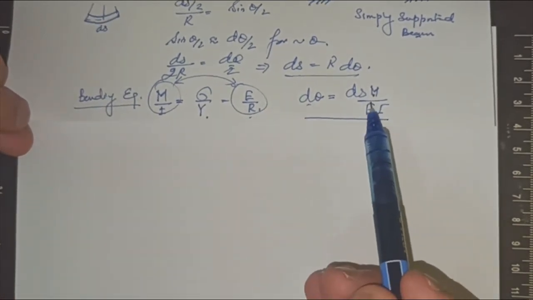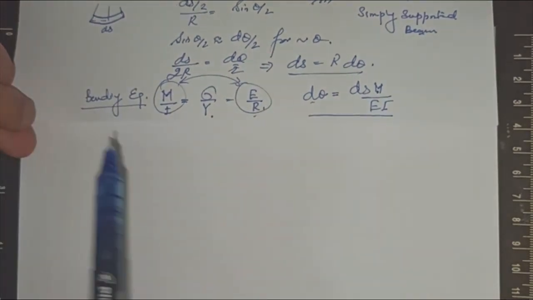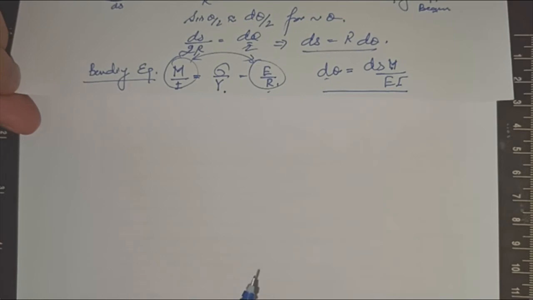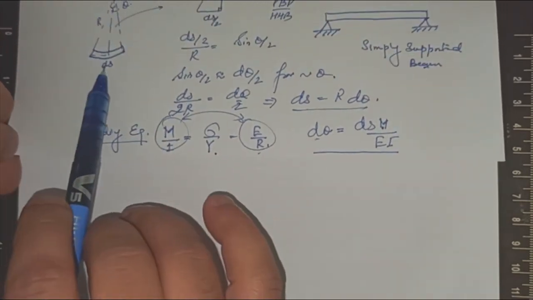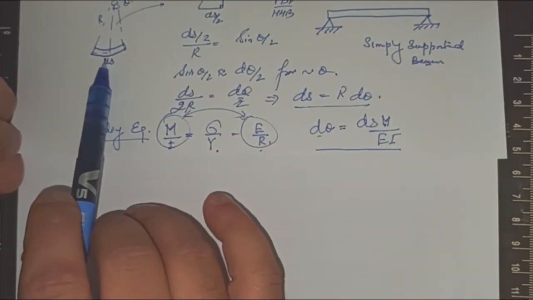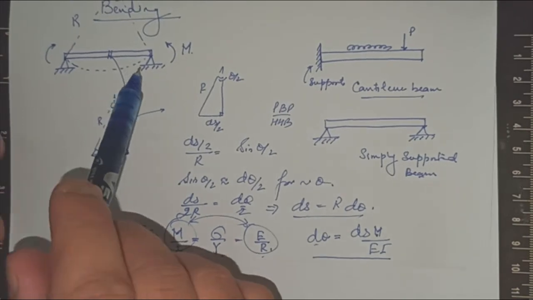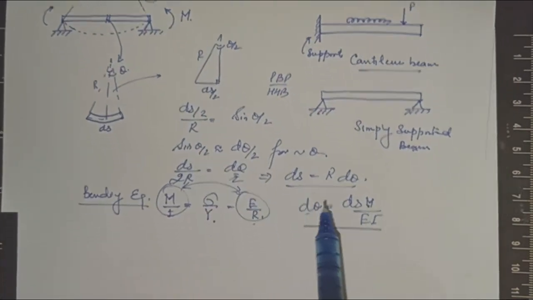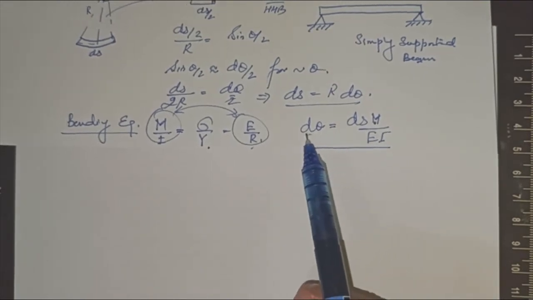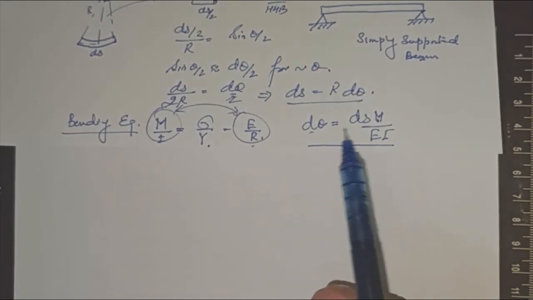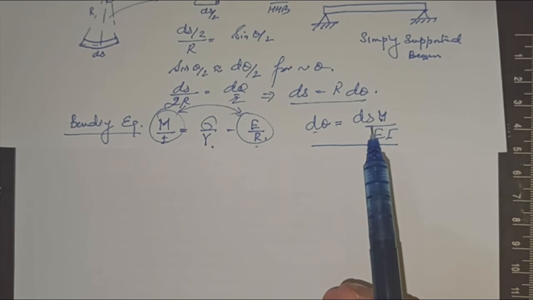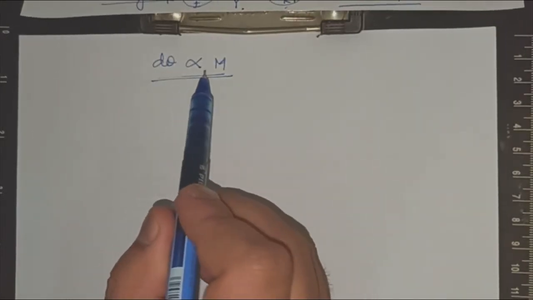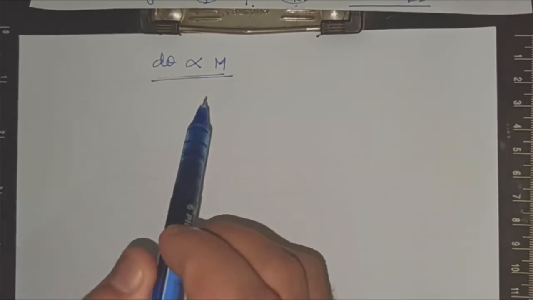Modulus E is constant, and I depends upon the cross section. So what are the things that will change? Even if you say ds will be higher, it will change upon the applied bending moment, so this also depends upon M. So d theta and M are directly related, with a linear relationship between the two.